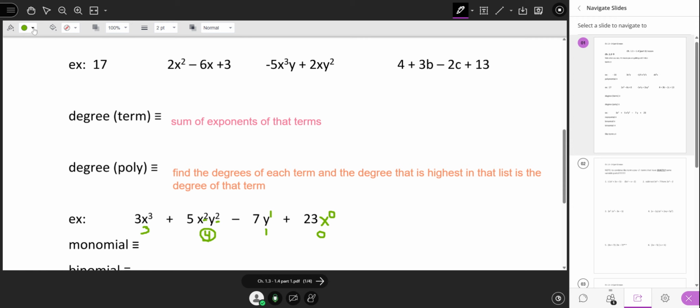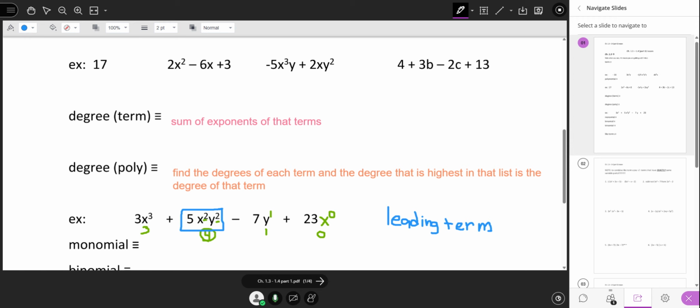So if I was asking what is the leading term, my leading term would be the 5x squared y squared.